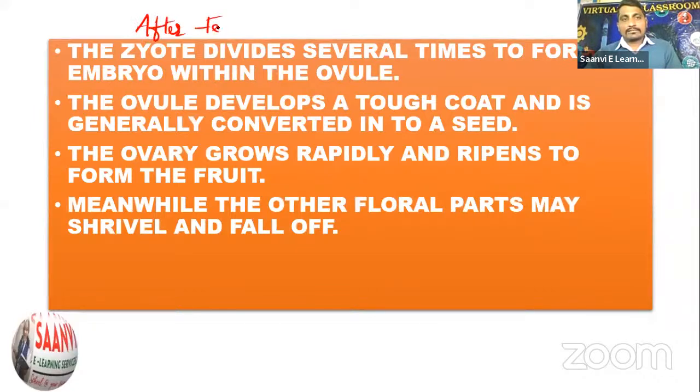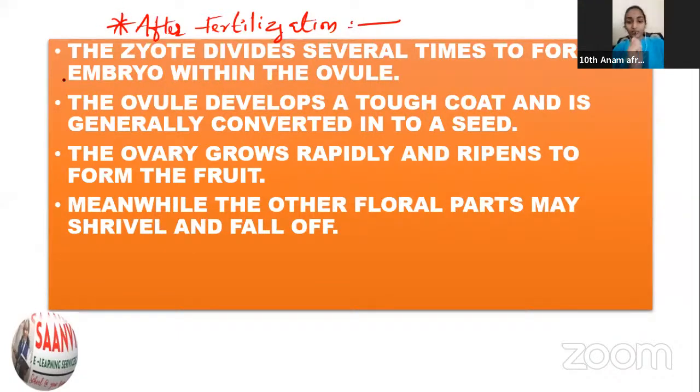After fertilization, the zygote divides several times to form an embryo within the ovule.